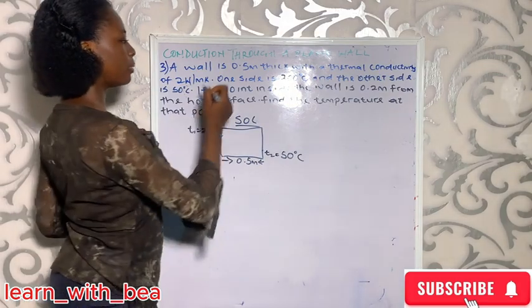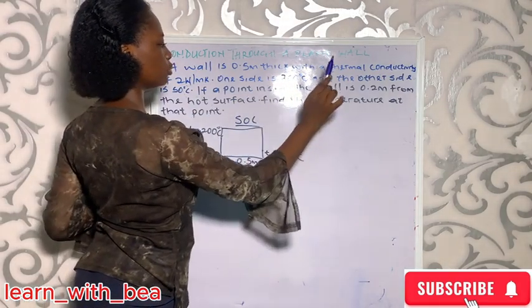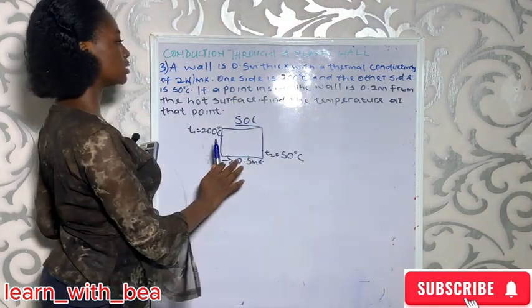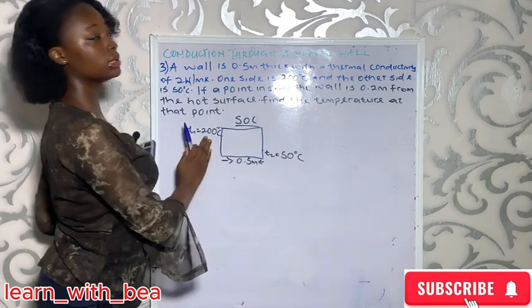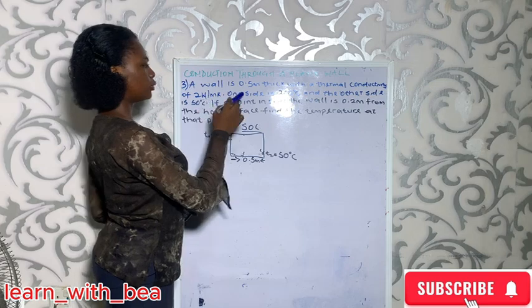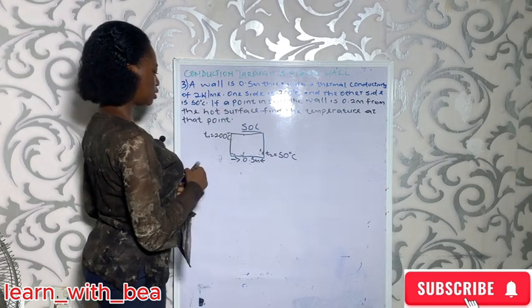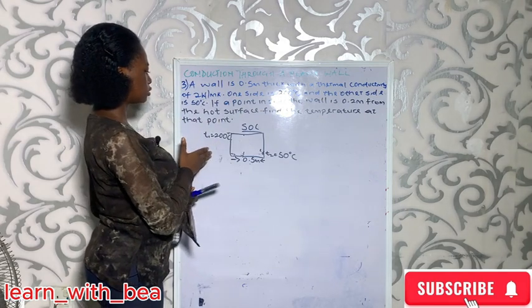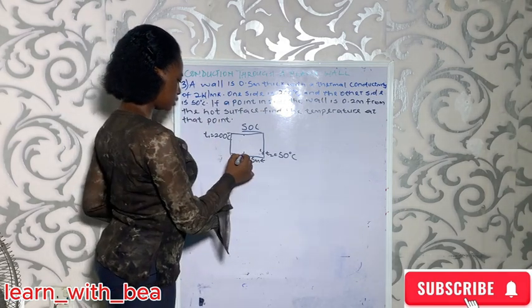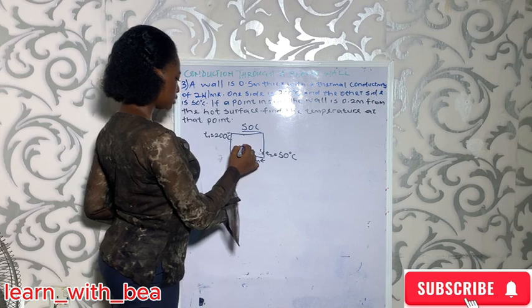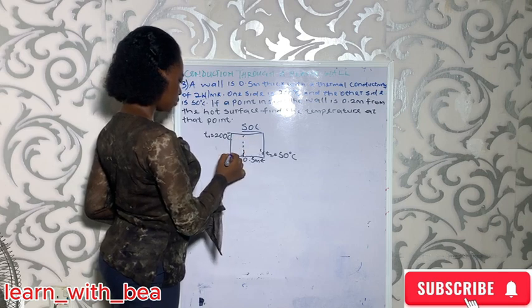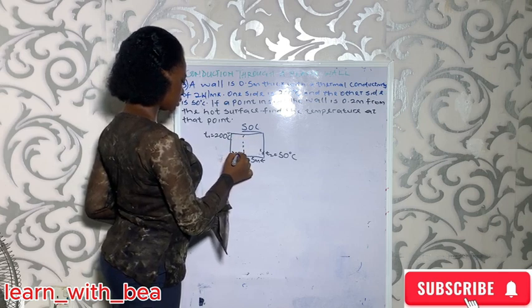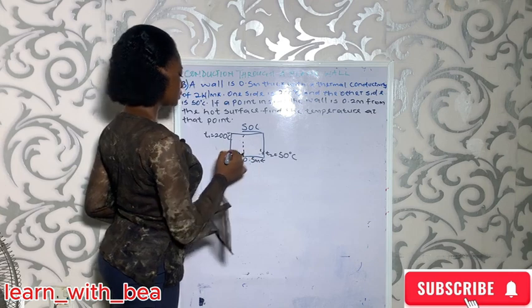It said if a point inside the wall is 0.2 meter from the earth surface, and this is the earth surface, let's pick a point. Let's say this is the point at 0.2 meter, which is the thickness for the point.